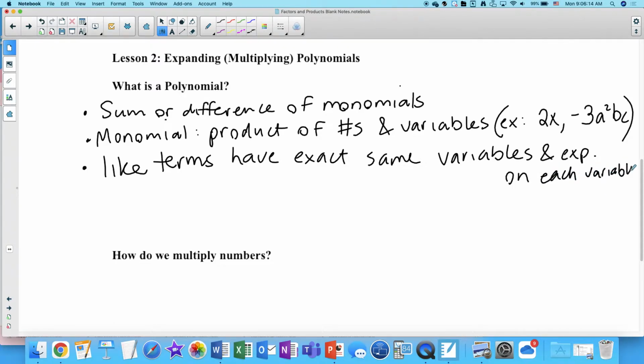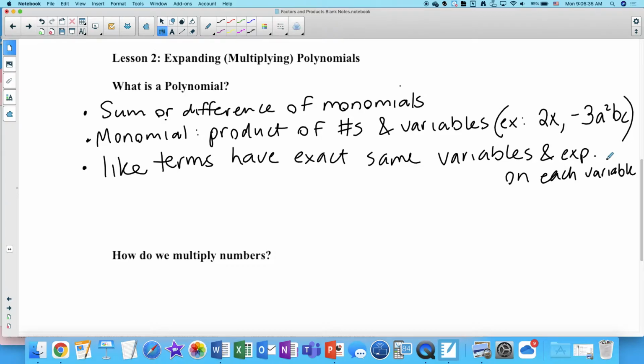Okay, so for example, 2x squared and 3x squared are like, but 2x squared and 4x cubed are not. And if there are like terms within a polynomial, then we can simplify. We can collect those like terms by adding or subtracting coefficients.